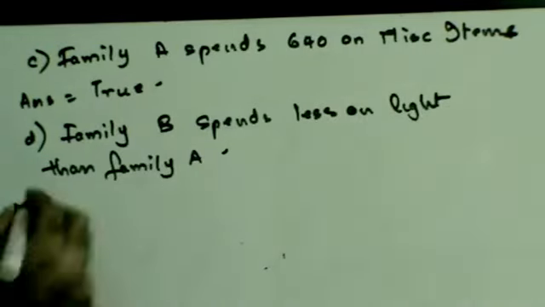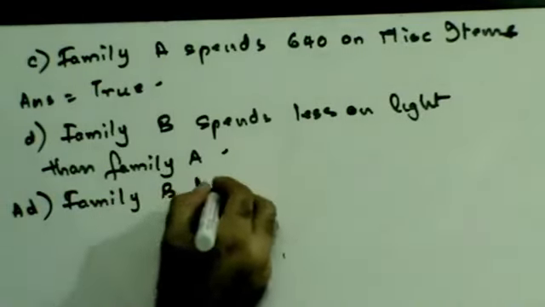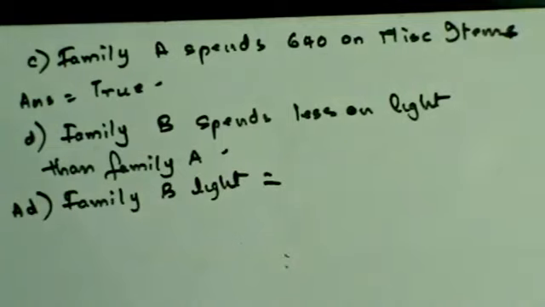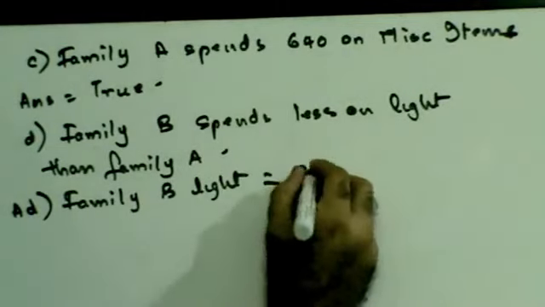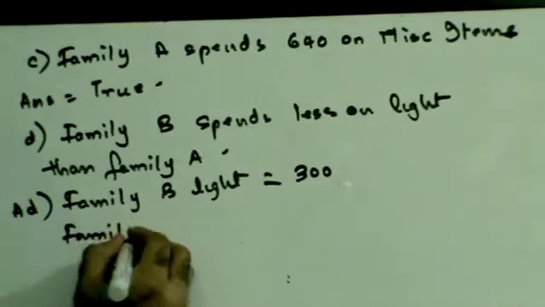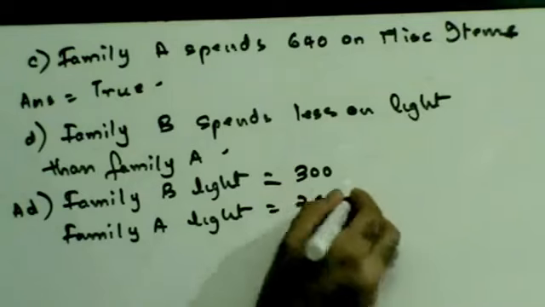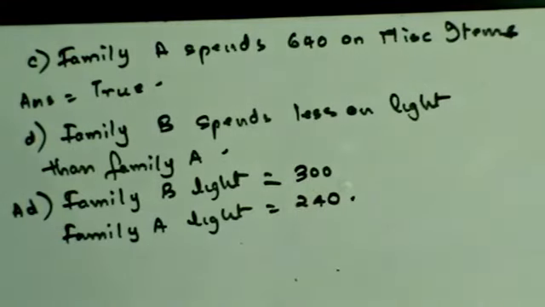Family B spends on light. Family B light is 300. Family A light is 240. They are saying that family B spends less on light than family A. This is false. Answer for this is going to be false.